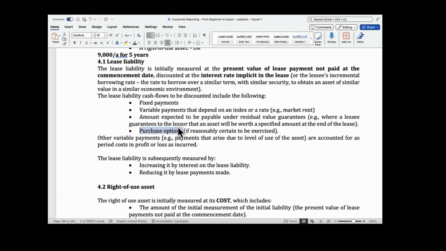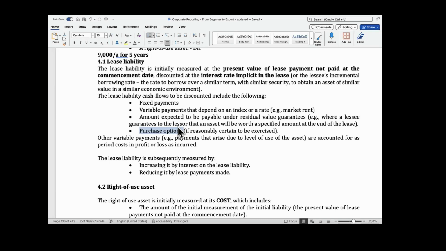Again, in most cases, they will not wait until the end of the lease term before he pays. They will have factored it into the lease rentals that he will have been paying. Then immediately at the end of the lease, they will just hand over the assets to the lessee. So the purchase option would also be part of his liability as from day one, since he has already expressed interest to buy the asset at the end of the lease term.